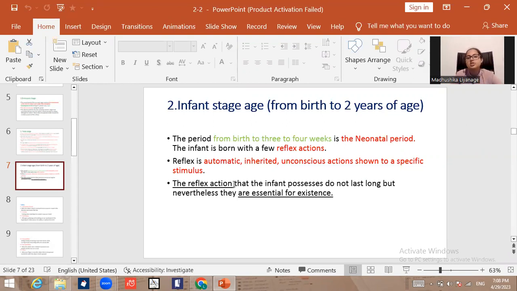What is the reflex action? Tell me someone. Huh? So that is automatic. You can remember from me in that way. Automatic, inherited, unconscious, right? Without knowing, right? Without knowing.